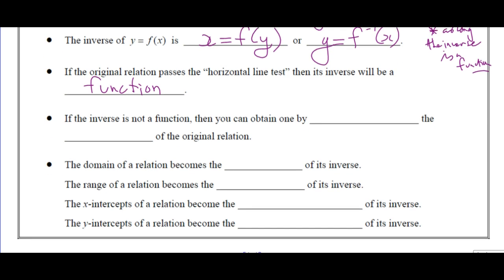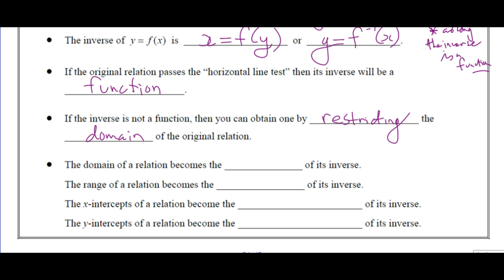If the inverse is not a function, then you can obtain one by restricting the domain of the original relation.